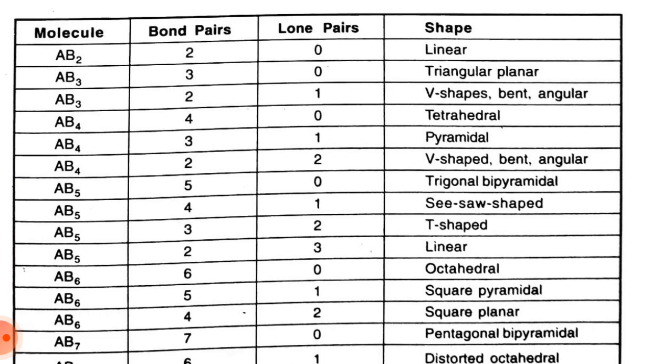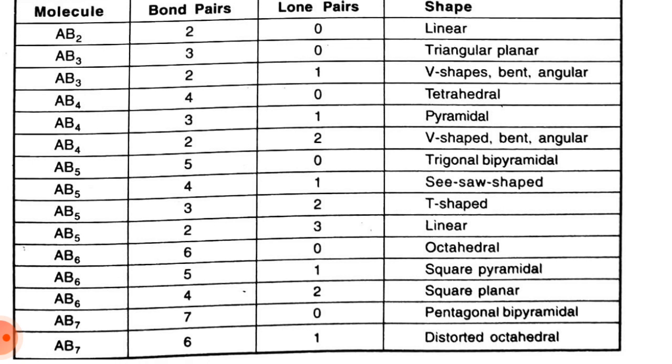Molecule AB2, bond pair 2, lone pair 0, shape is linear. Molecule AB3, bond pair 3, lone pair 0, shape is triangular planar. AB3, bond pair 2, lone pair 1, V-shape, bent, angular.